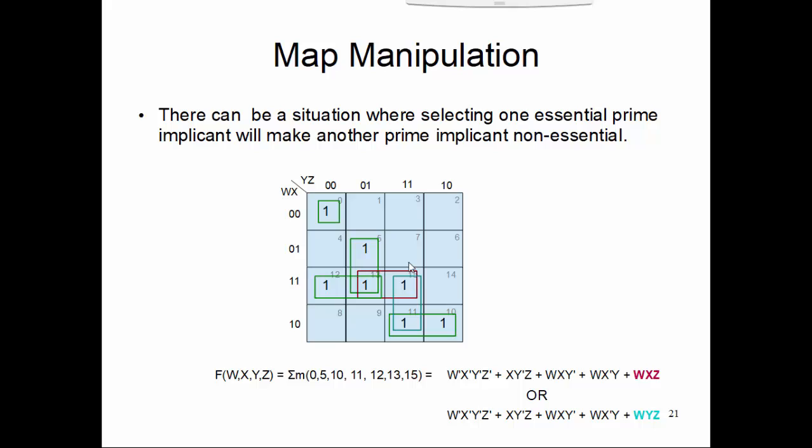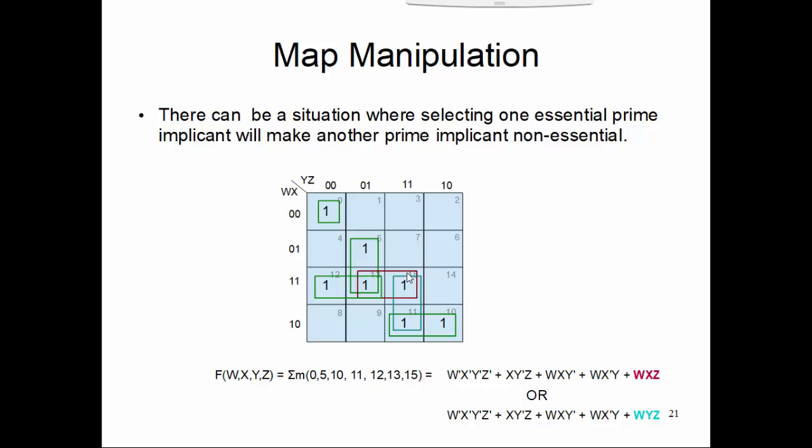In Google or other theories, Boolean algebra, they basically say that these red and blue groups are not essential prime implicants, just prime implicants. We are just picking up one. In this class, we define them as essential prime implicant by choice.